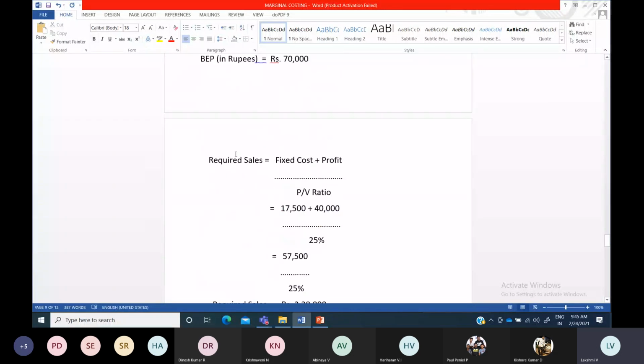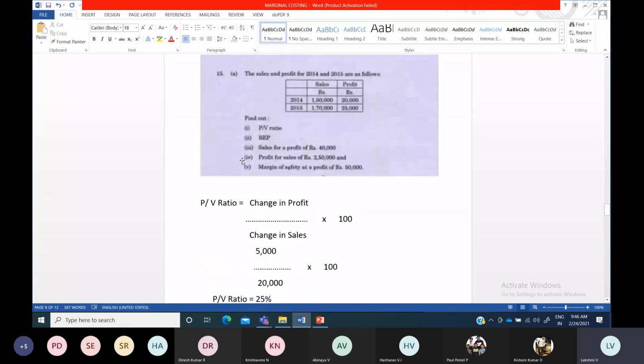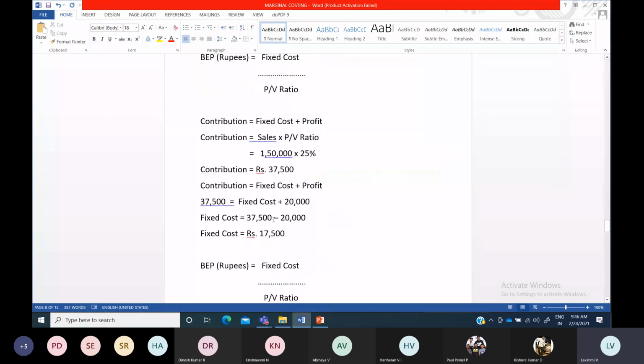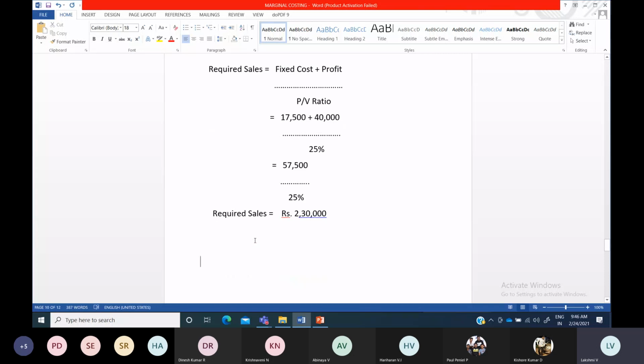Sales amount 2,50,000, you can substitute in the sales place. Fixed cost you know, 17,500. PV ratio we know, 25%. Profit only we don't know, that is what we are going to calculate in this subdivision. So in this place you keep X, substitute, and find out the answer using the same formula.